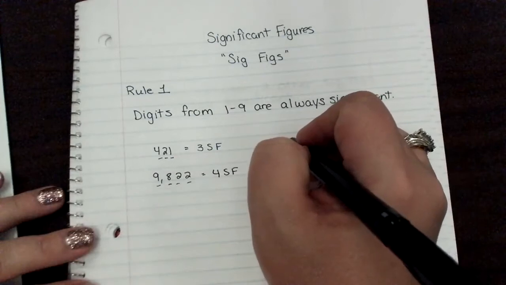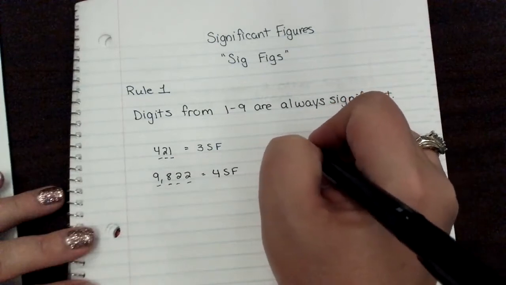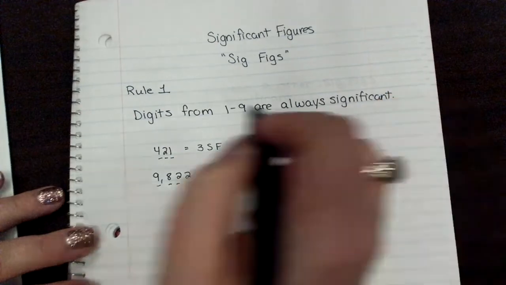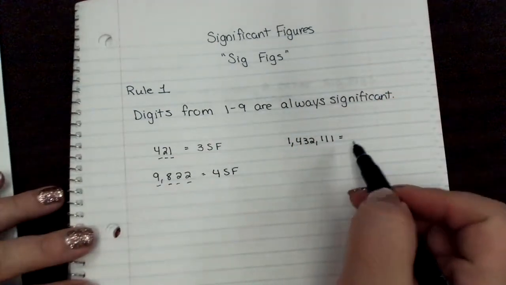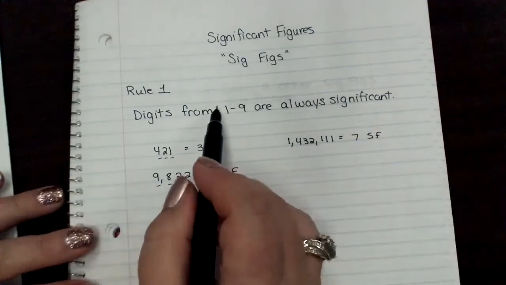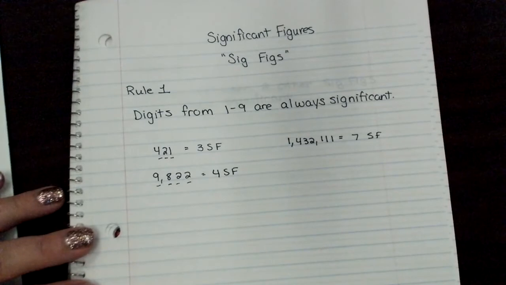If I gave you 1,432,111, you would say that there are 7 sig figs because all of those numbers fall in that 1 through 9, okay? So rule 1 is pretty easy.